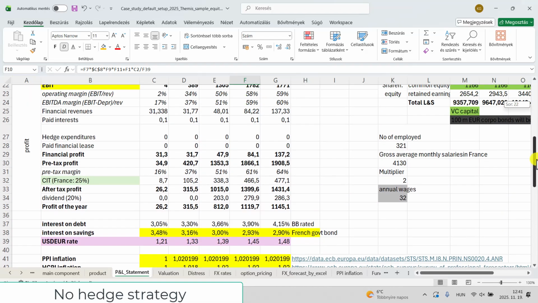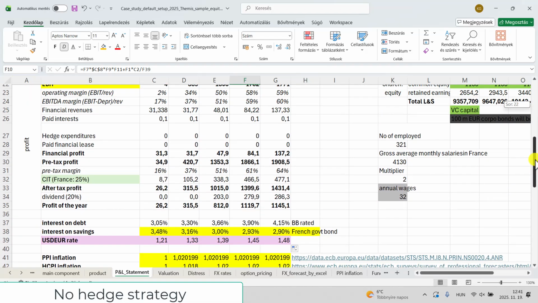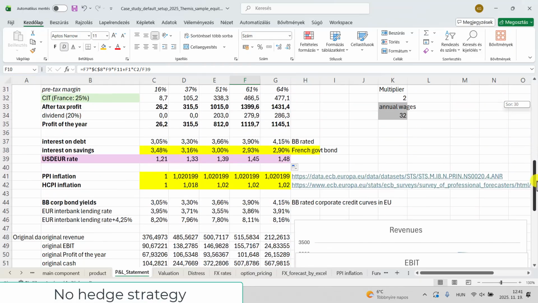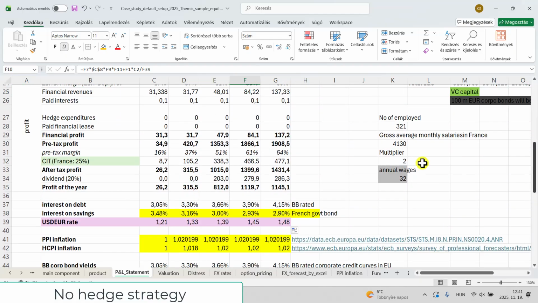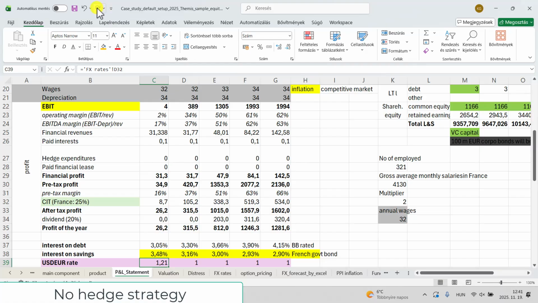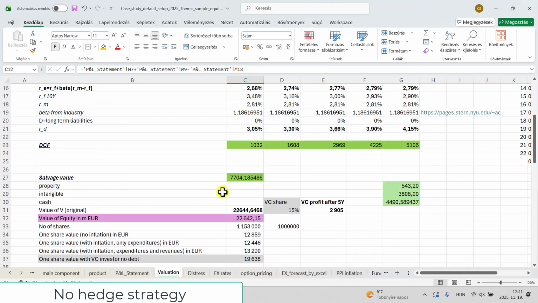Because this is when the euro appreciates. So at the end of the day, the profit should decrease. Is it decreasing? Yes, this is decreasing. So you can see the original, then after the appreciation of the euro, it was decreasing. So this is good calibration.